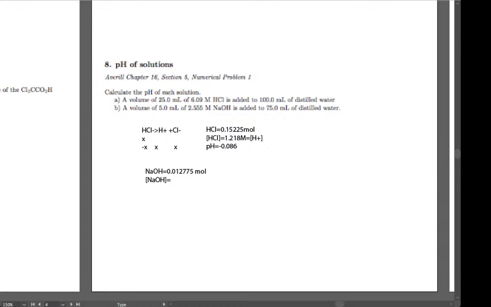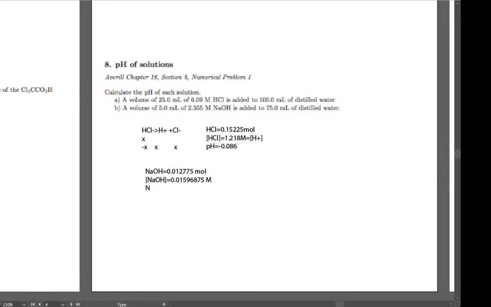That means that all you need to do is divide the answer by 0.08. You'll get 0.159687 molars.